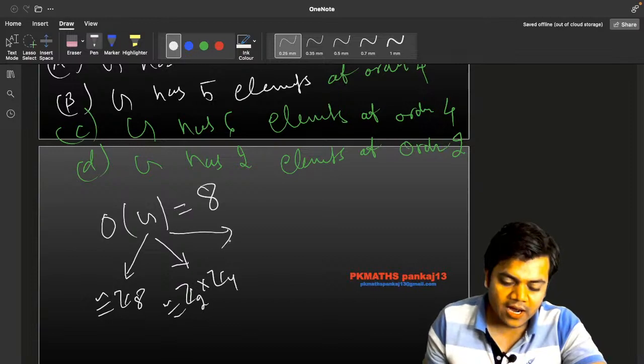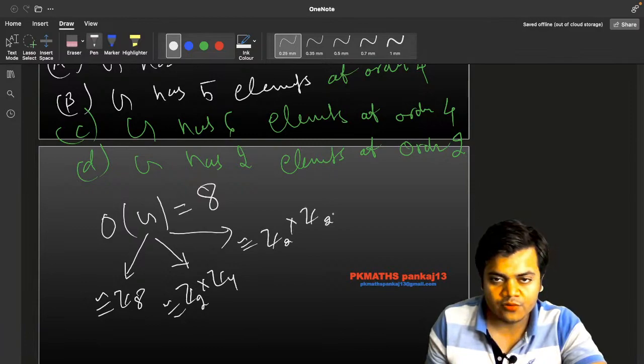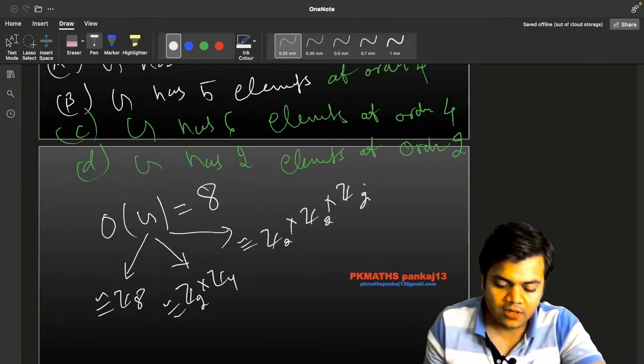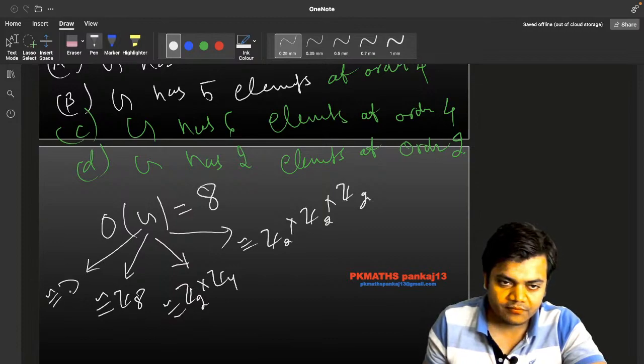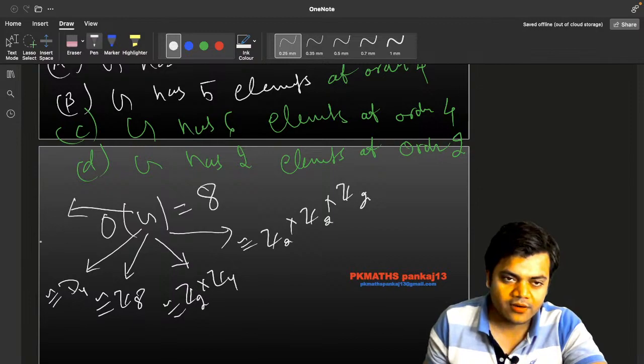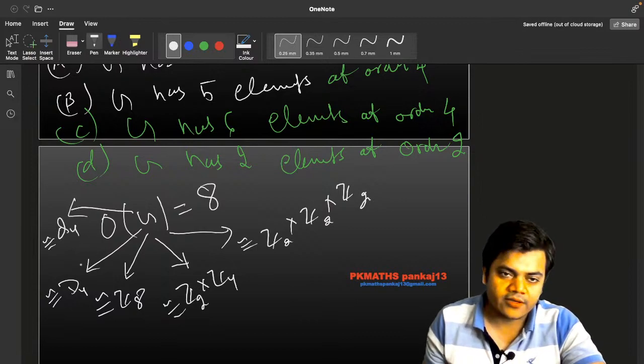Another possibility is that it might be isomorphic to Z2 cross Z2 cross Z2. Thereafter, it might be isomorphic to D4, or it might be isomorphic to Q4, quaternion.